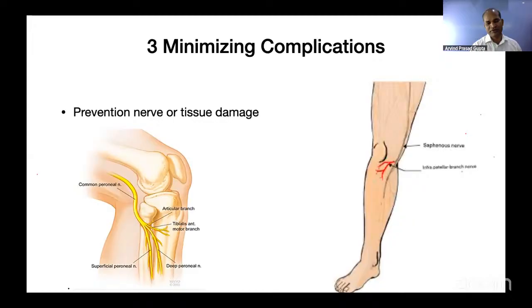If you can prevent injury to this, it will be one of the best things. At the same time, the common peroneal nerve comes very close on the lateral side.